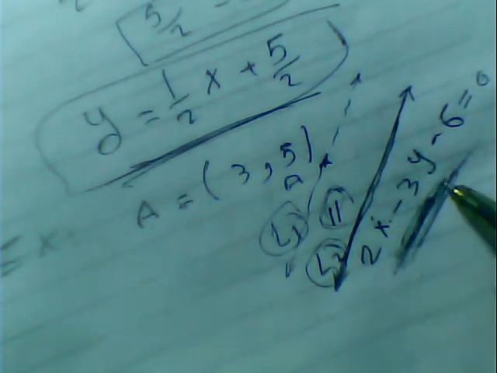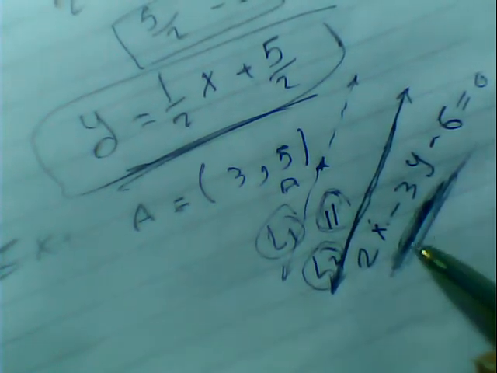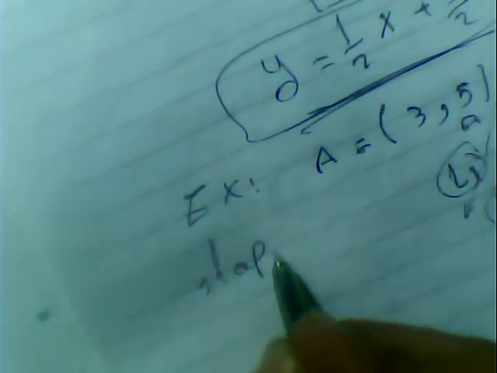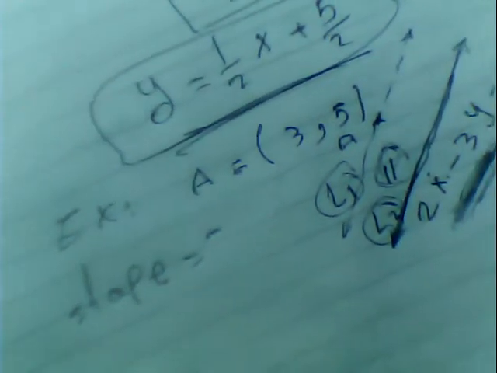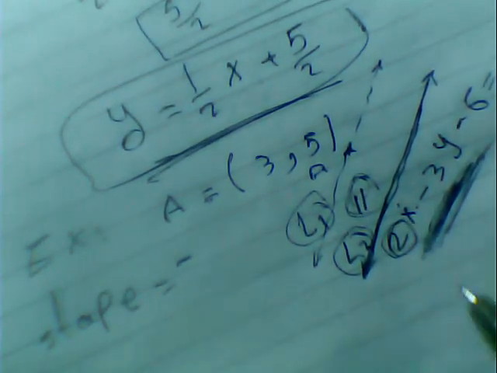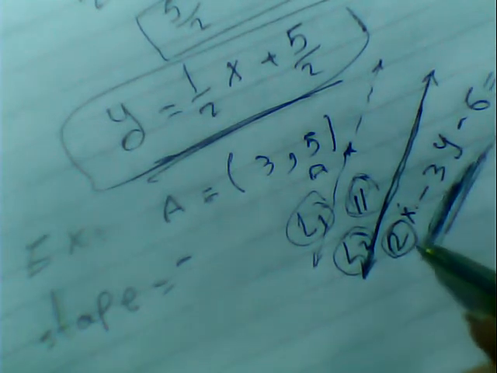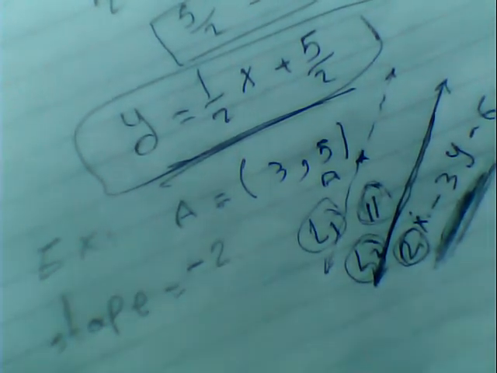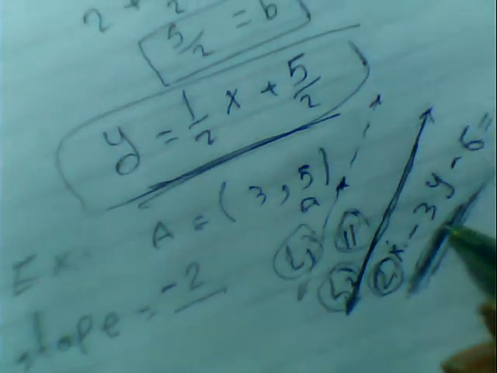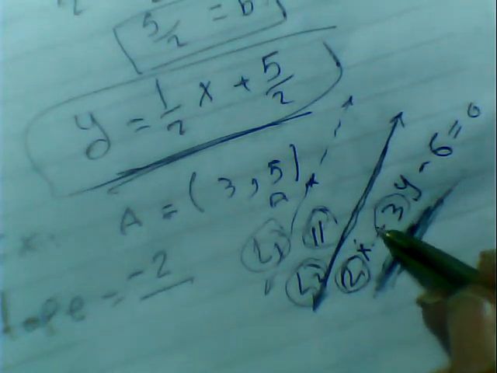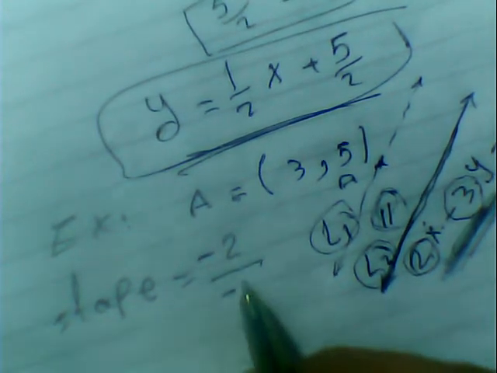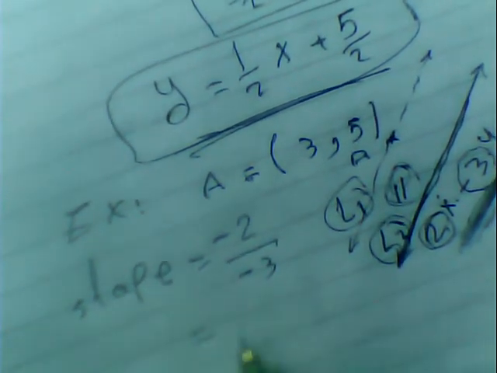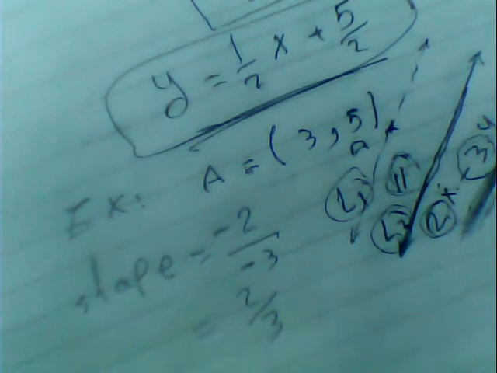But how can we get the slope here? Slope equals minus the coefficient of x over the coefficient of y, so minus 2 over minus 3 equals 2 over 3.